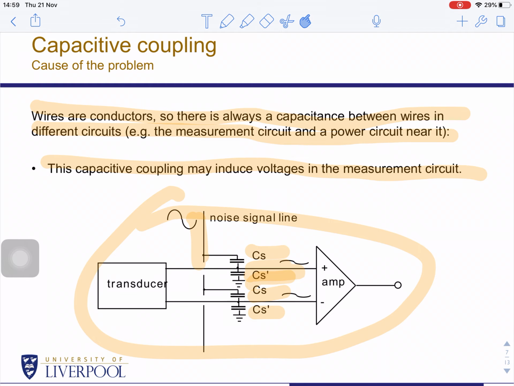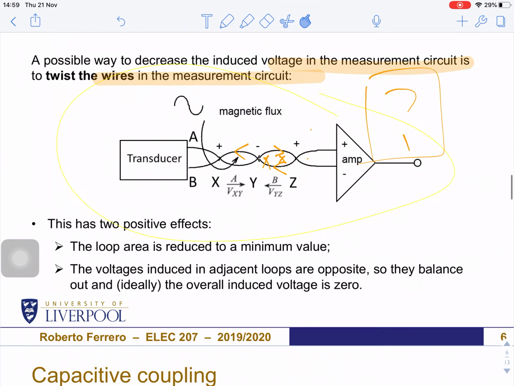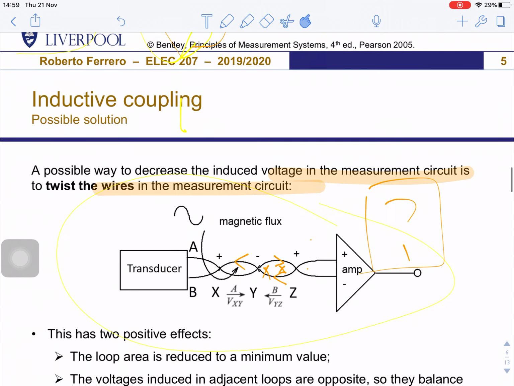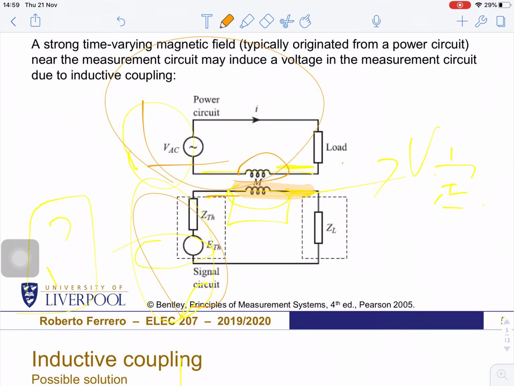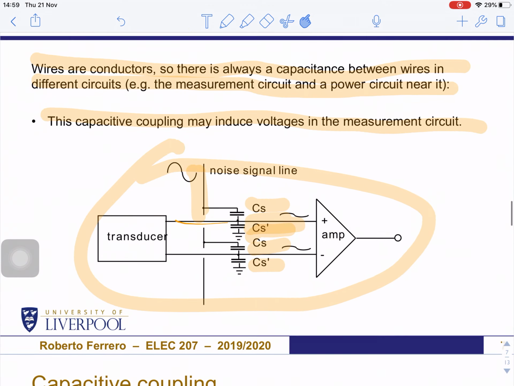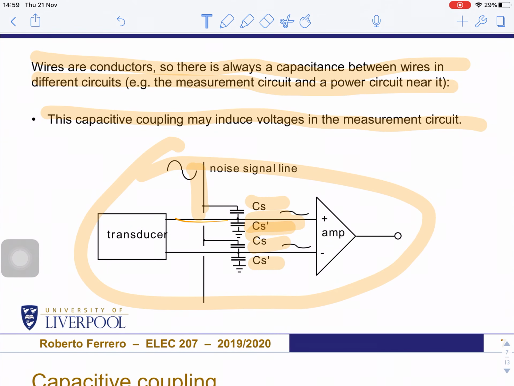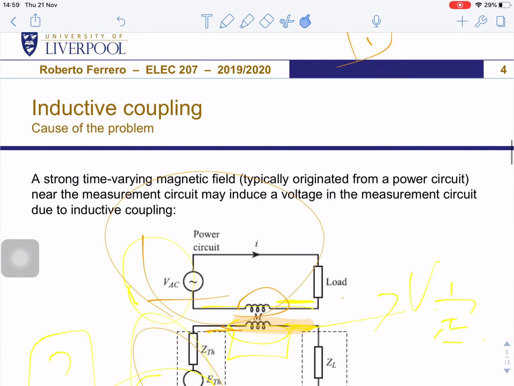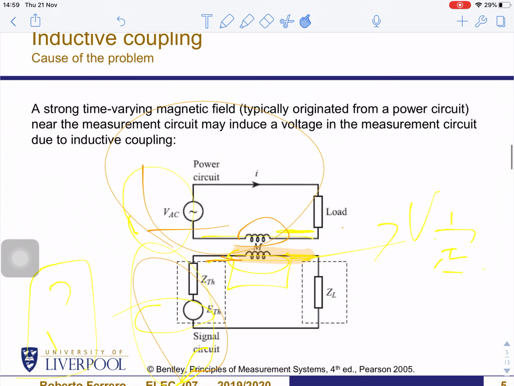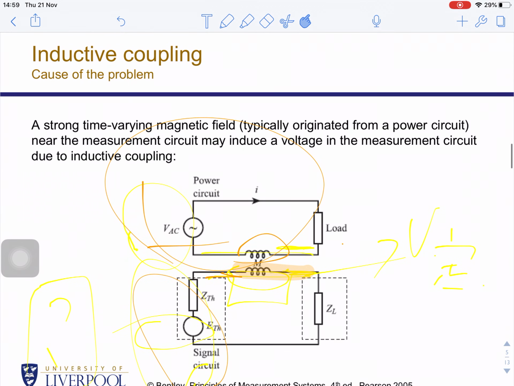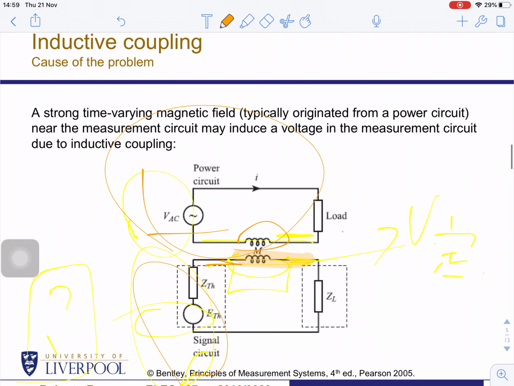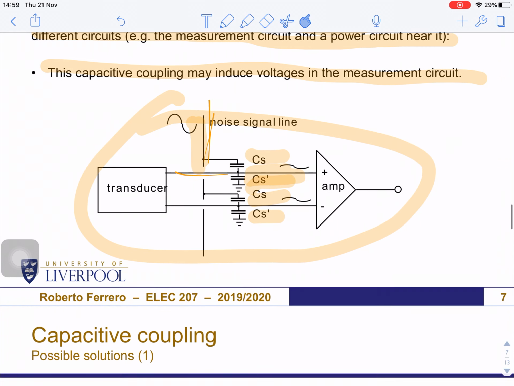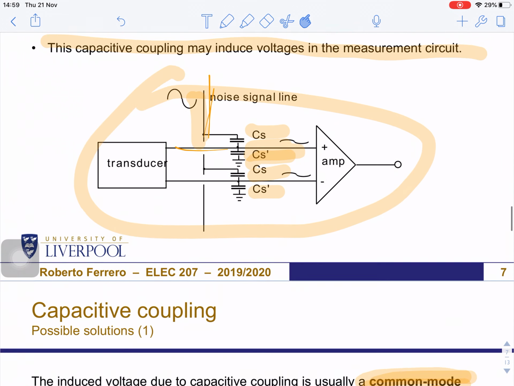For example, in these cases, the line here is actually the noise from the other circuit, and the ground is the ground here.